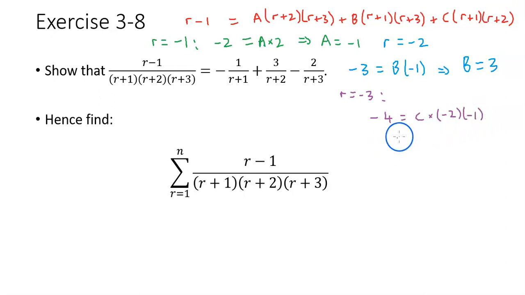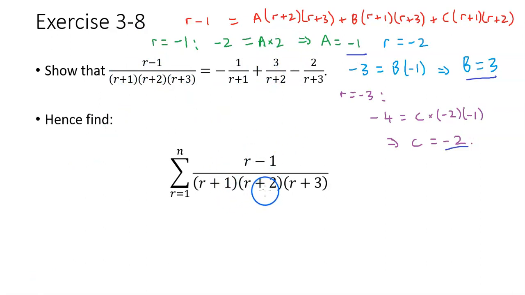Okay, and so that would mean that c is equal to negative 2. And so we see that we have exactly what we're supposed to have, because a equals negative 1, b equals 3, and c equals negative 2. So we have proven the first part.